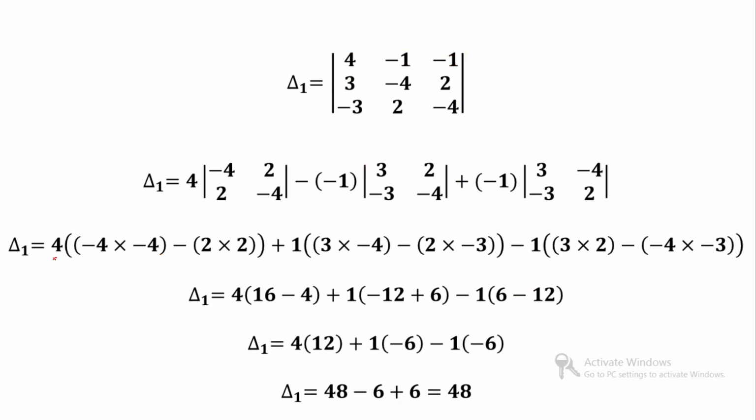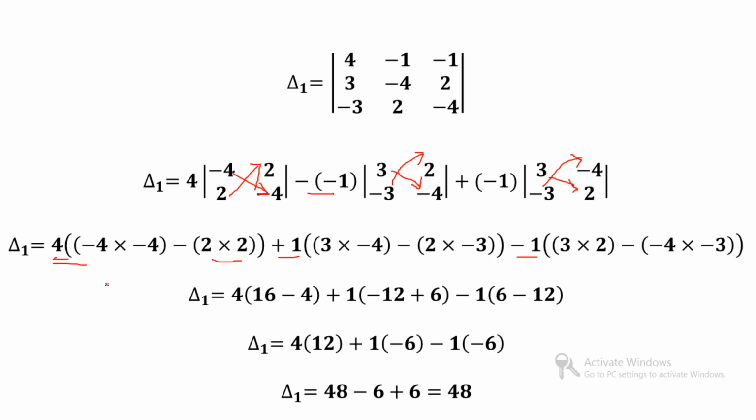So 4 as it is, multiply the diagonal elements, minus 4 into minus 4, minus 2 into 2. Again this minus minus plus, multiply the diagonal elements, 3 into minus 4, minus 3 into 2. Again plus minus minus, multiply the diagonal elements, 3 into 2, minus 3 into minus 4.